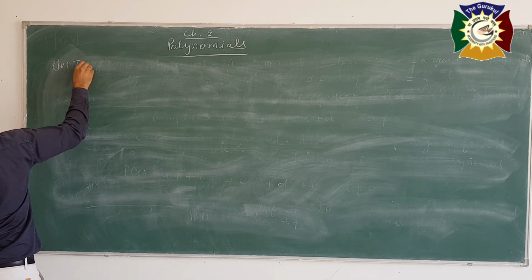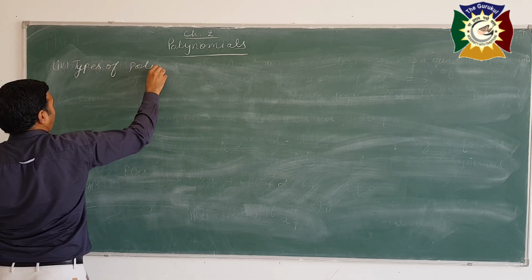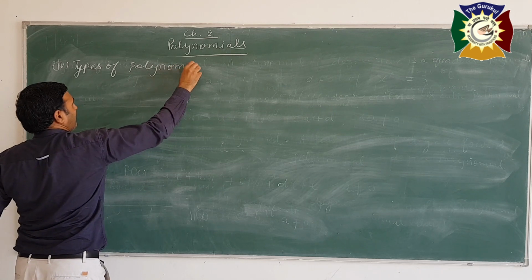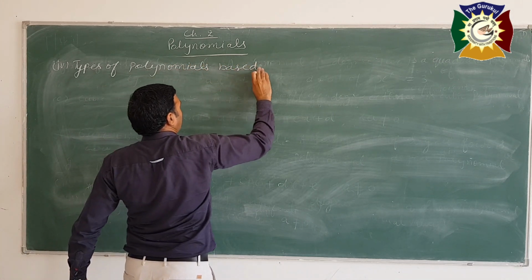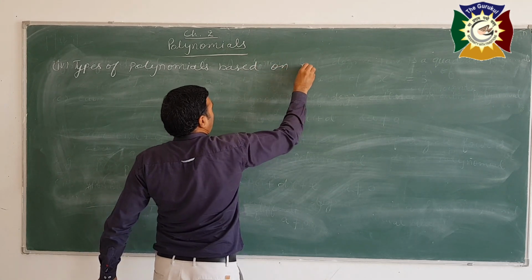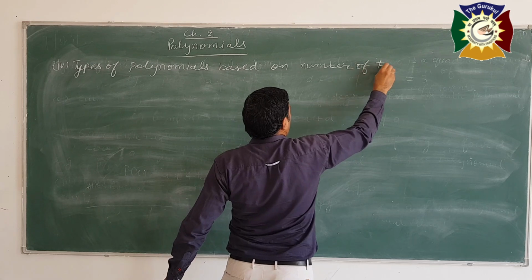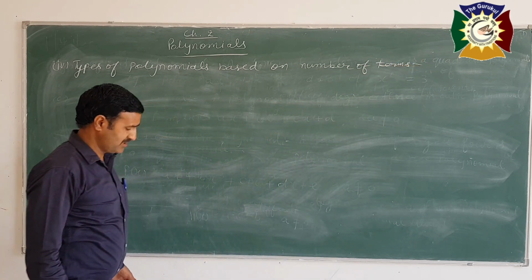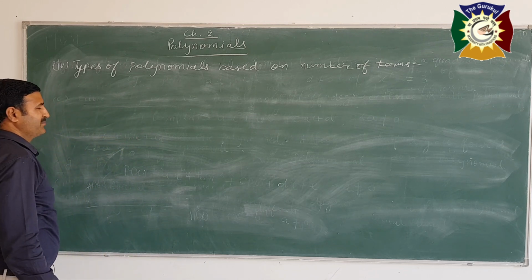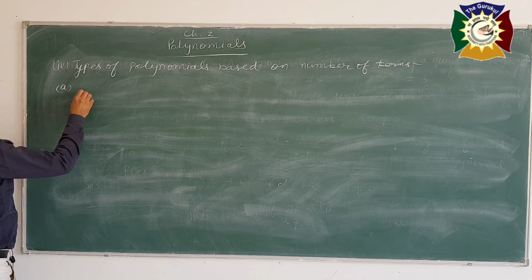Types of polynomials based on number of terms. How many terms in the polynomial, this is important, but degree is not important. And the first type in this, monomial.